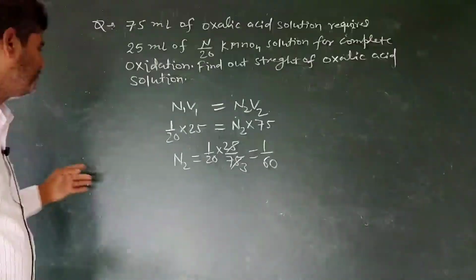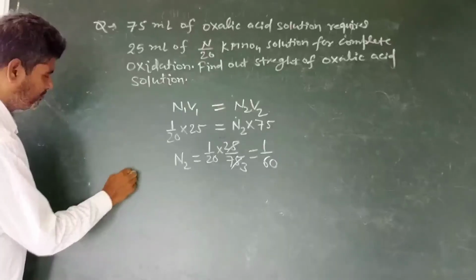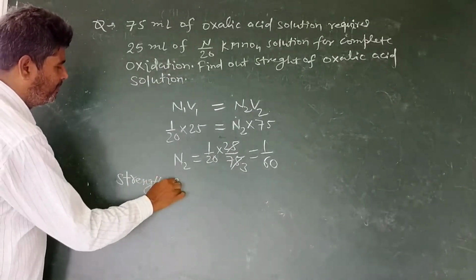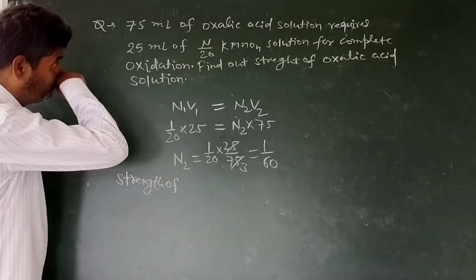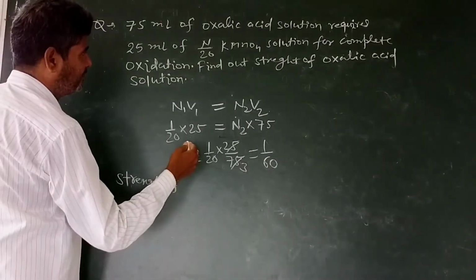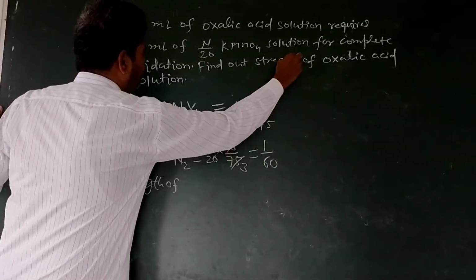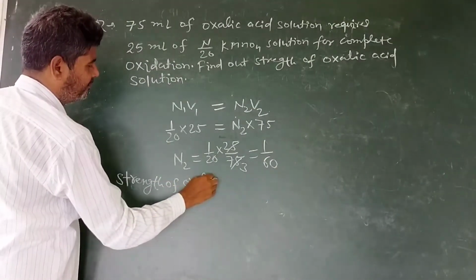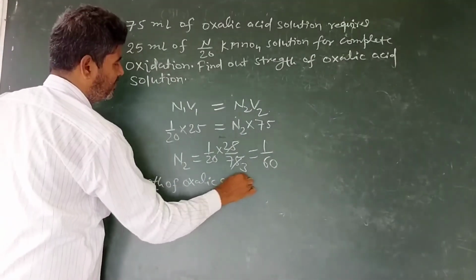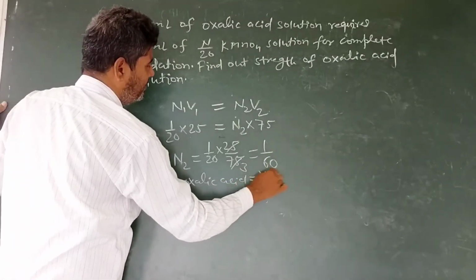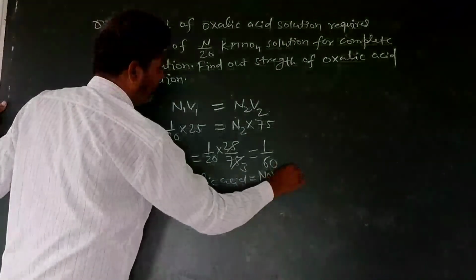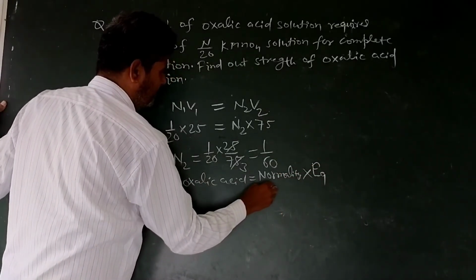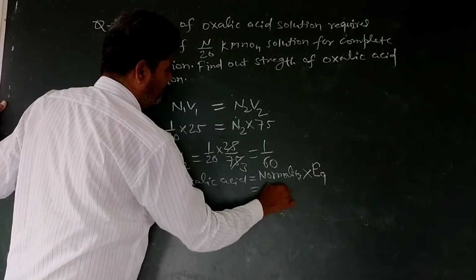The next step: strength of organic acid is equal to normality into equivalent weight. 1 upon 60 into 63.